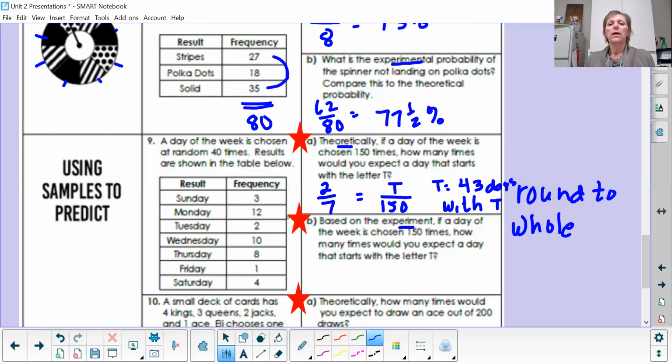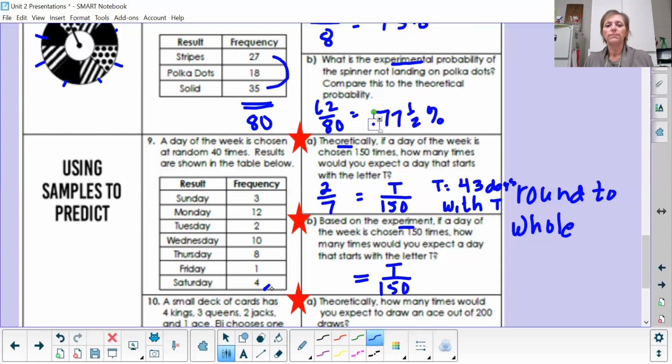Okay, next one. Now we're gonna pull in this data and use it to answer our question. Based on the experiment, if a day of the week is chosen 150 times, how many times would you expect a day that starts with the letter T? So let's put this here. Out of 150 days, we wanna know, but again, this is out of our experimental data. So how many total?